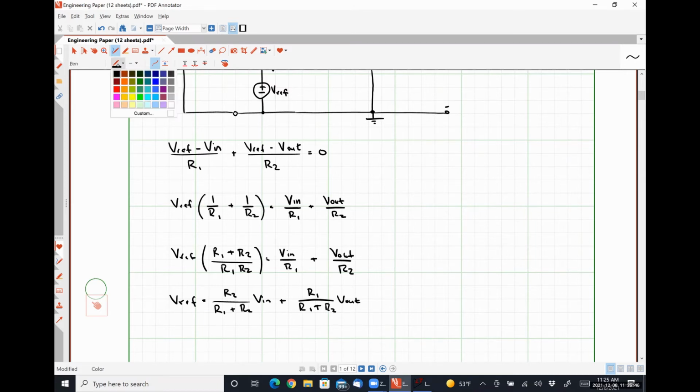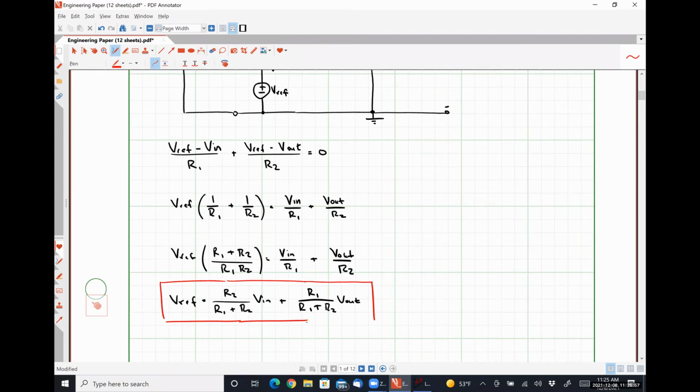I'm going to put a box around this. So this is our characteristic equation for this circuit. This is telling us how it behaves.